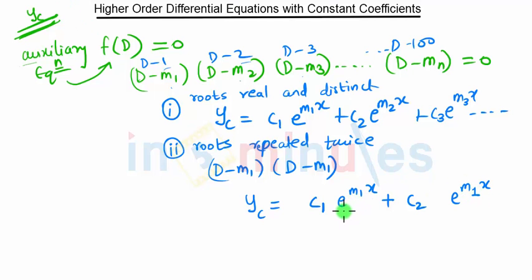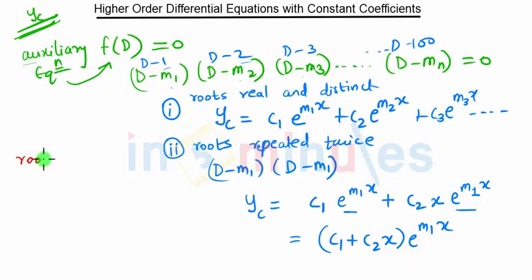When we are writing e raised to m1x twice, we have to multiply any one term with x. So this can be modified as (c1 plus c2x) into e raised to m1x, taking e raised to m1x common. So these are the roots repeated twice.